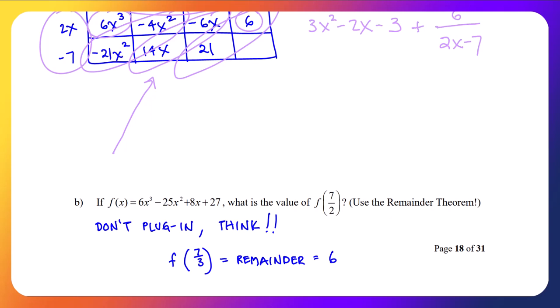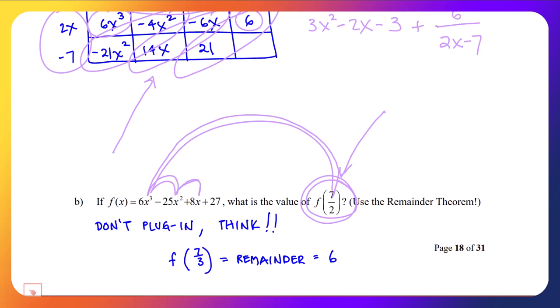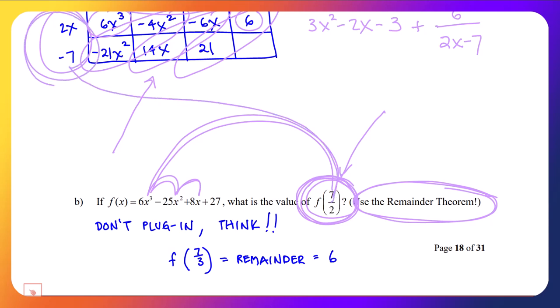Now be careful. When you see this notation, I'll bet you the first thing you do is, oh, I plug it in here, here, here, and work it out, and you'll get a stomachache, because thinking about plugging this in here, here, and here is way no fun. But if you remember that if I plug in, I'll get the remainder, because the 7 over 2 came from this, remember?